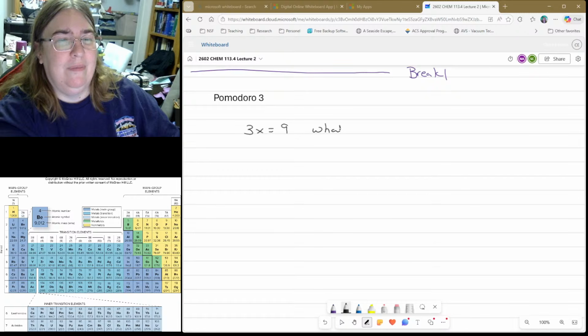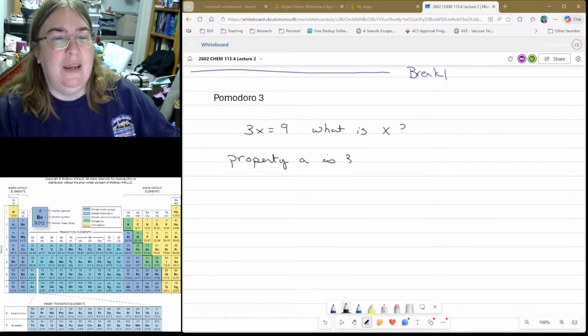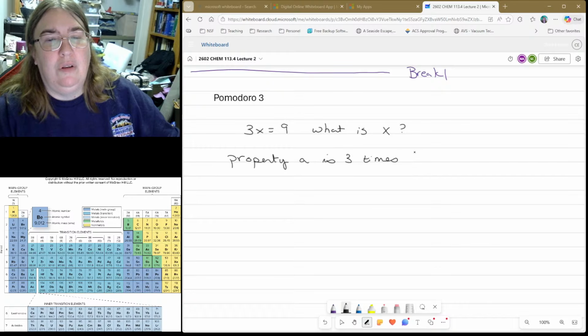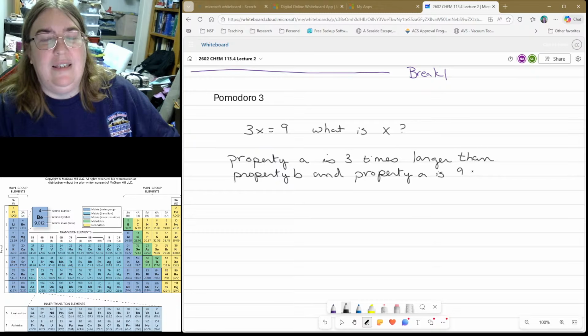What is x? But if I say property A is 3 times larger than property B, and property A is 9 centimeters, how large is property B?